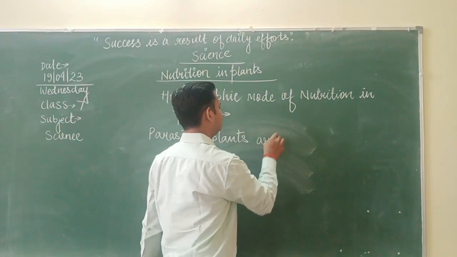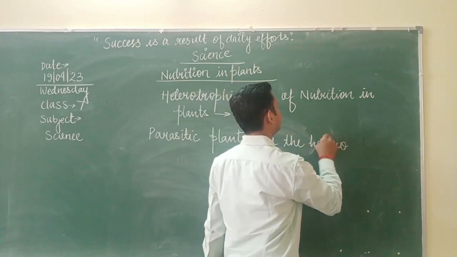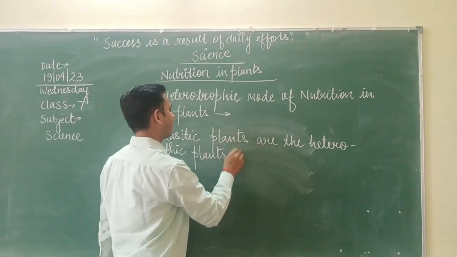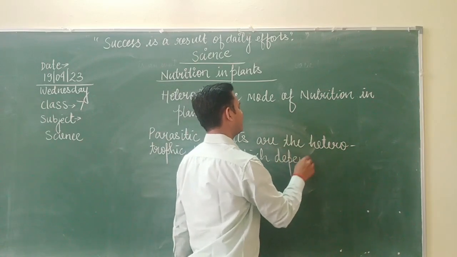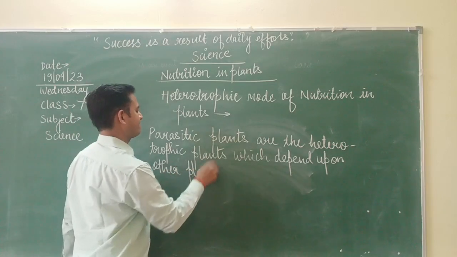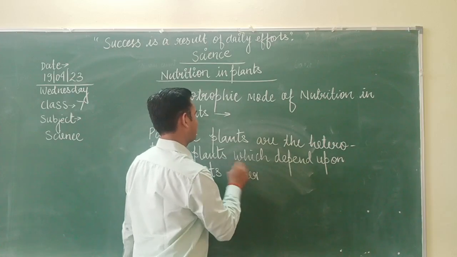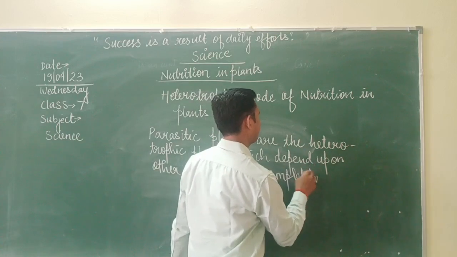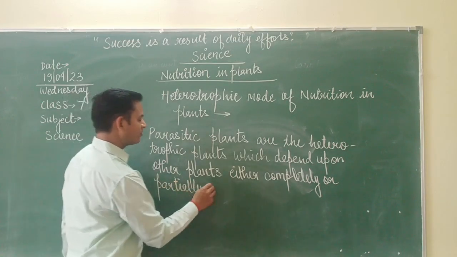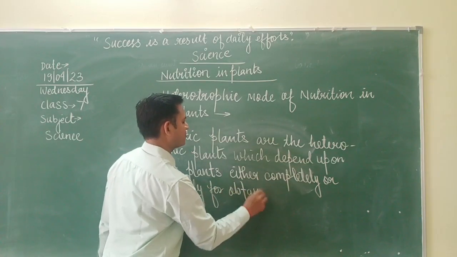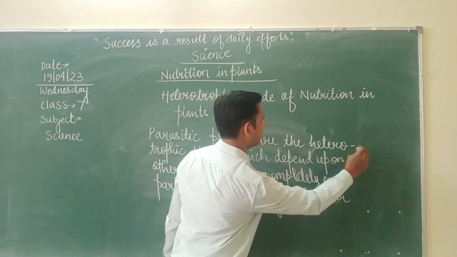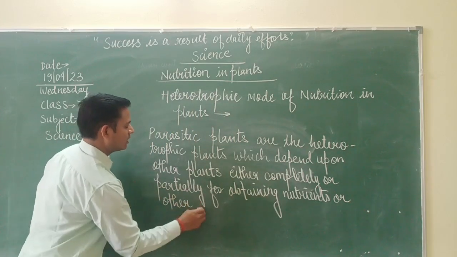So parasitic plants are heterotrophic plants which depend upon other plants, either completely or partially, for obtaining nutrients or other components.